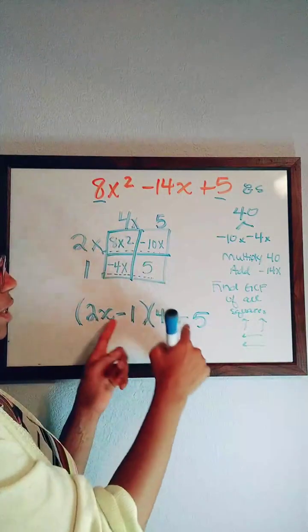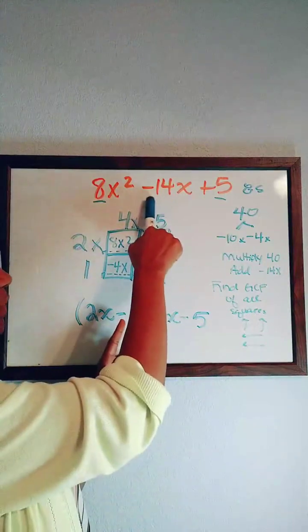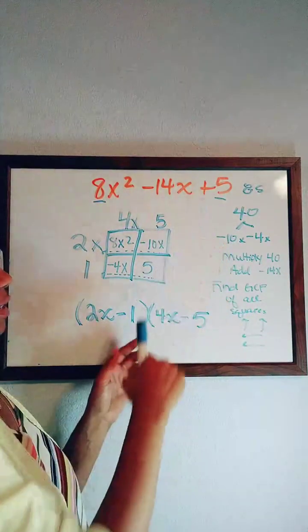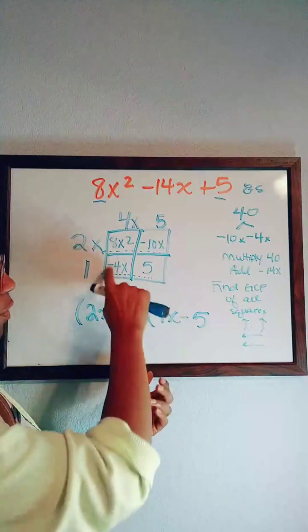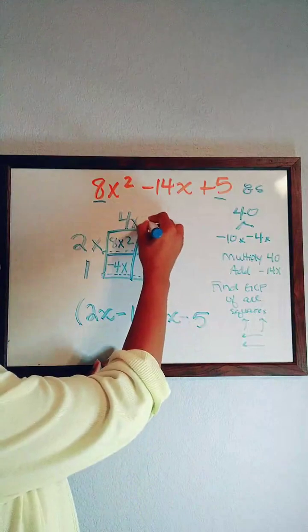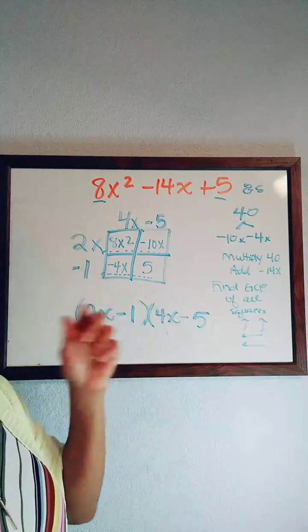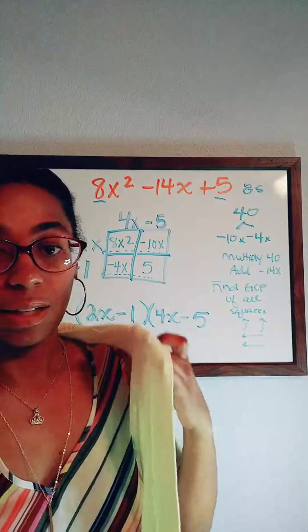Since I have both negatives here, because when I add them together, I need a negative answer. But when I multiply them, I need a positive. And I forgot the rule for your signs. I just totally forgot. So this actually then should be a negative 5. And then this would be a negative 1. But I always forget to make sure what signs go where.